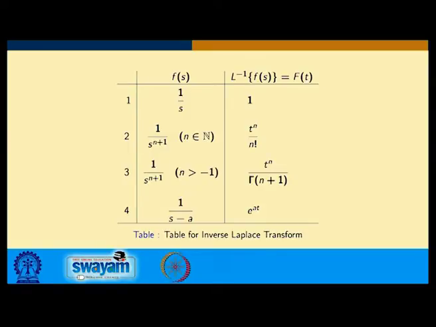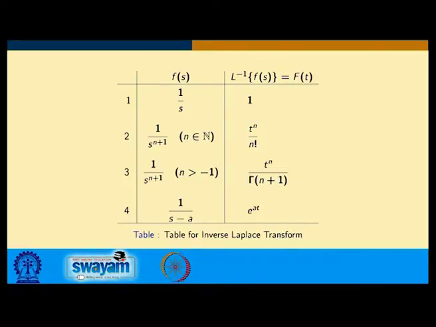If the function is 1, the Laplace transform is 1 by s. If the function is t power n by factorial n, the Laplace transform is 1 by s to the power n plus 1, where n belongs to natural numbers; in general t to the power n by gamma n plus 1 has Laplace transform 1 by s to the power n plus 1, where n is greater than minus 1.